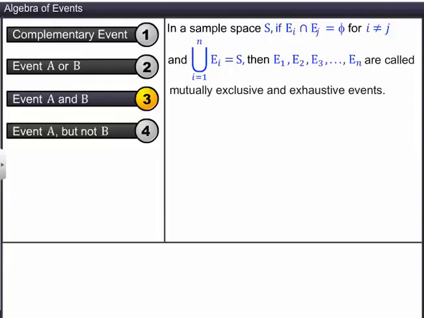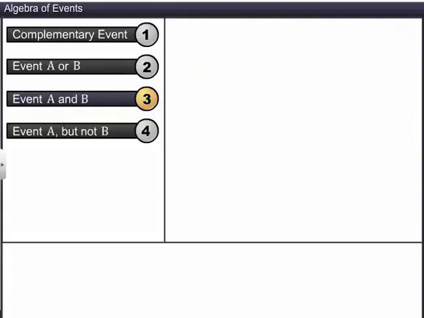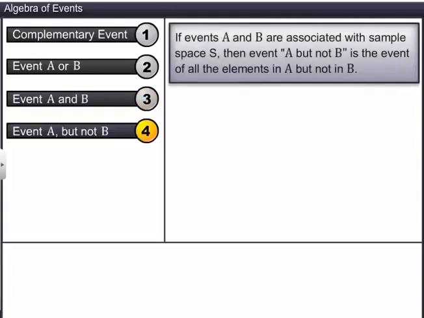If events A and B are associated with sample space S of an experiment, then event A but not B is the event of all the elements of A but not in B. It is denoted by A minus B and read as A but not B. Therefore, event A but not B is equal to {a such that a belongs to A and a does not belong to B}.